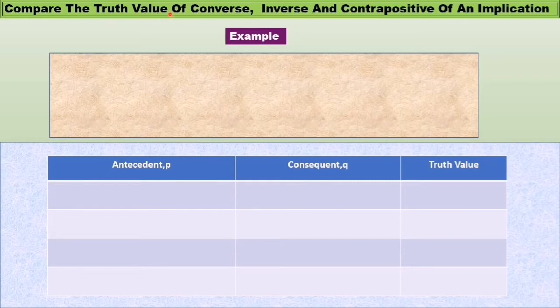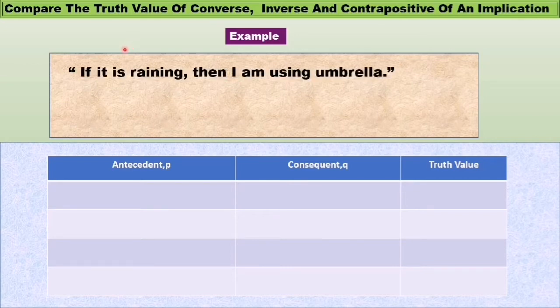Before we determine the truth value of converse, inverse, and contrapositive of an implication, let us learn what is truth value table for implication. Now I show you a simple example so that you understand what is truth value of implication.